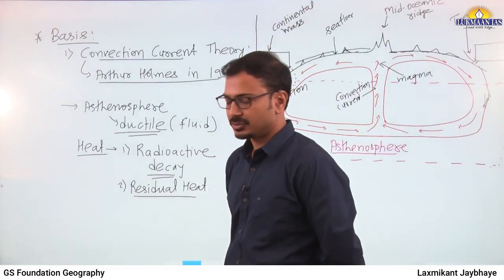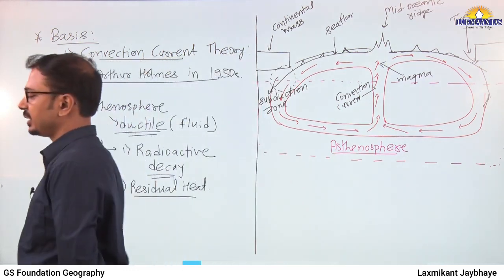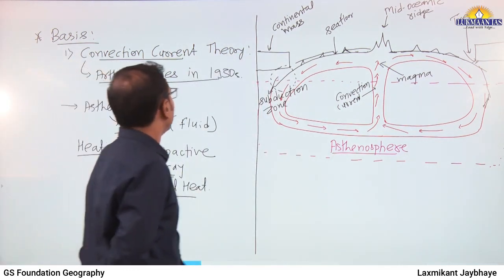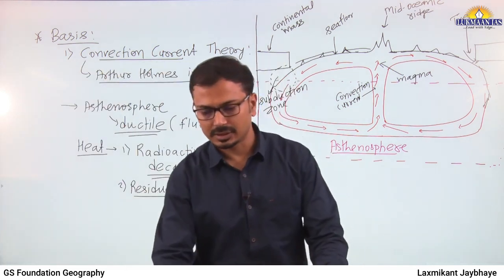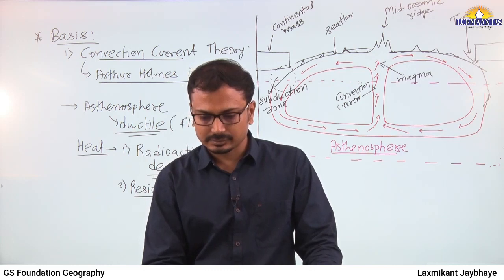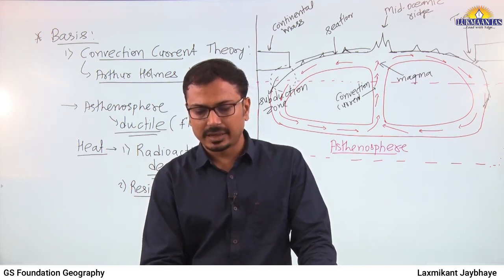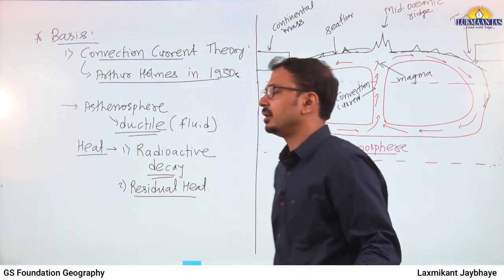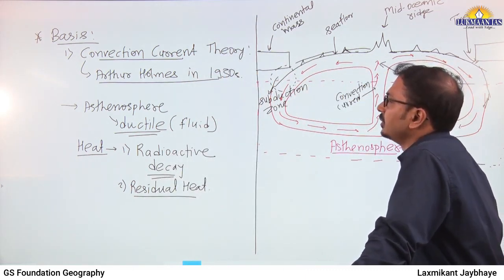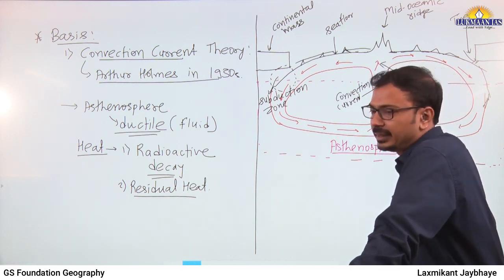In that, first we'll write down about convection current theory. It was given by Arthur Holmes in the 1930s.